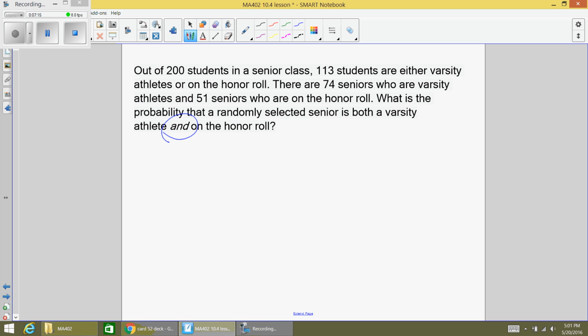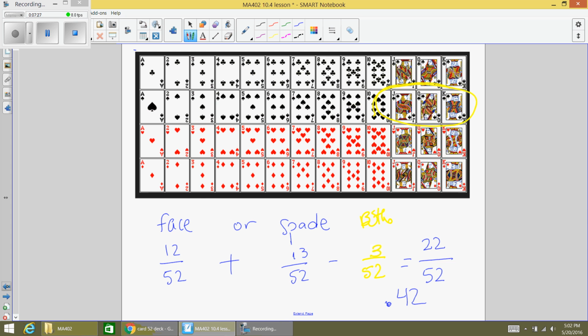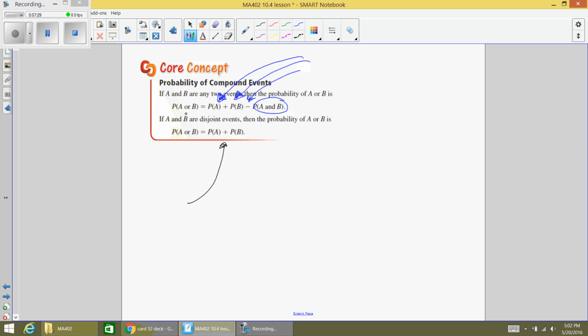So, what's happened here is they've given us the or, they want the and. So if you don't remember or you don't have your cheat sheet in front of you, you need the formula. You're looking for the or. It's equal to the probability of the individual events minus the probability of both events, the and.